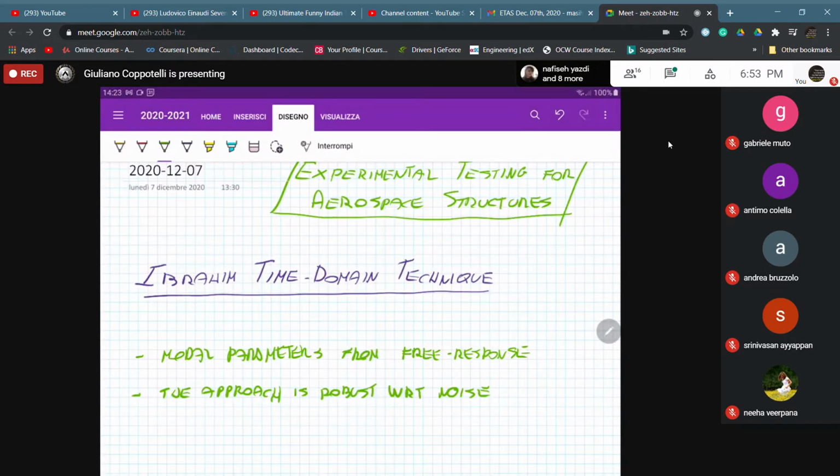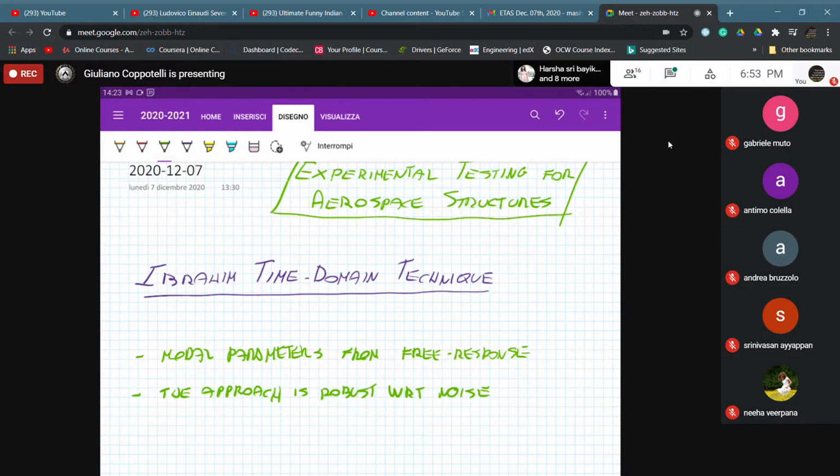One question could be that we are not always having the free response handy, because maybe we are exciting the structure with a shaker, and therefore with some random, stationary excitation, so the free response is not available.